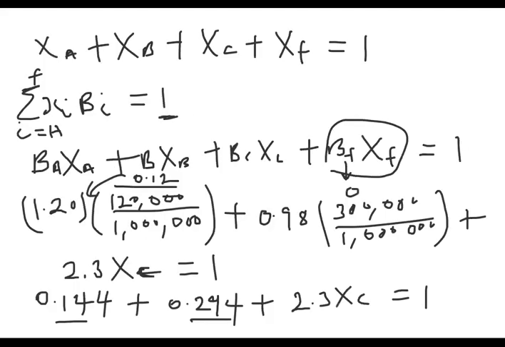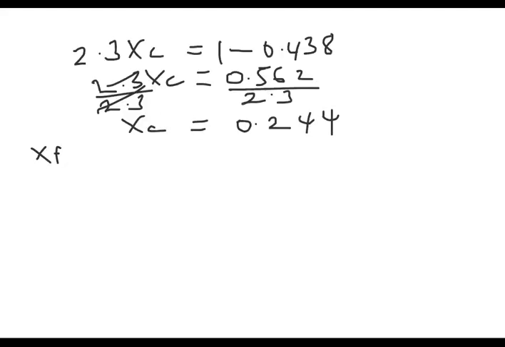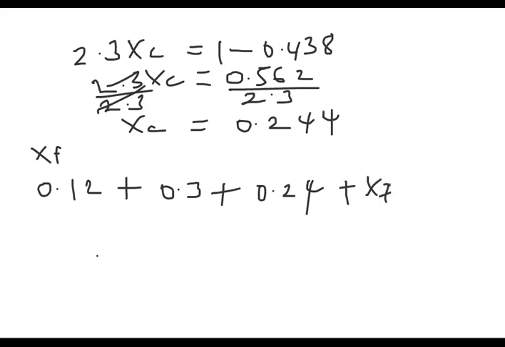Yeah, 0.12. So that is the weight of A, 0.12, plus the weight of B, which is 0.3, plus the weight of C. Now we know it's 0.2, so 0.24, plus X of F should be equal to 1.